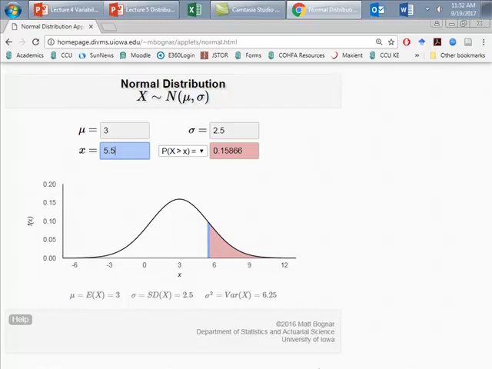Okay, so the empirical rule says that plus or minus 1 standard deviation should give us about 68% in the middle. So here's our distribution again. I've got a mean of 3, standard deviation of 2.5. I added 1 standard deviation to it, and it put that mark down. This spot right here is 5.5.